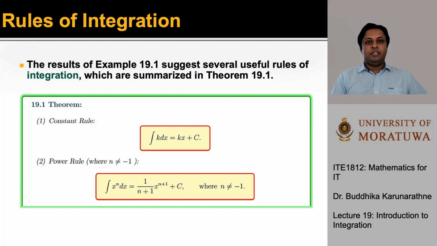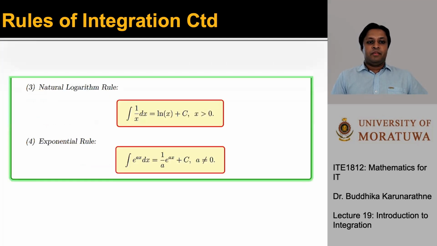When you need to find the integral of x to the power n with respect to x, it comes as 1 over n plus 1 times x to the power n plus 1, plus the constant c. But this is defined for n not equal to negative 1.